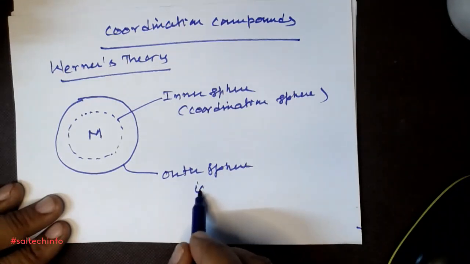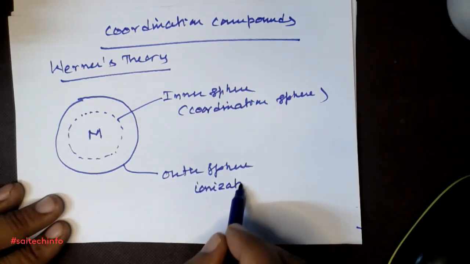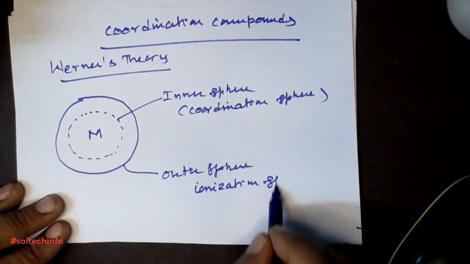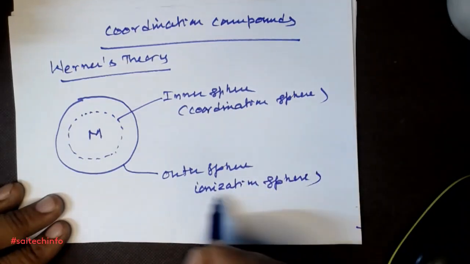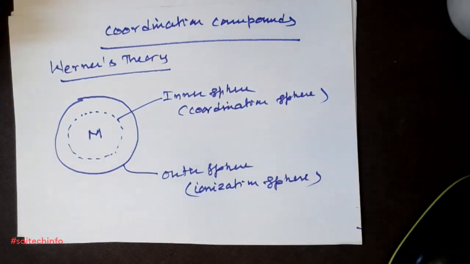So this is called the ionization sphere.